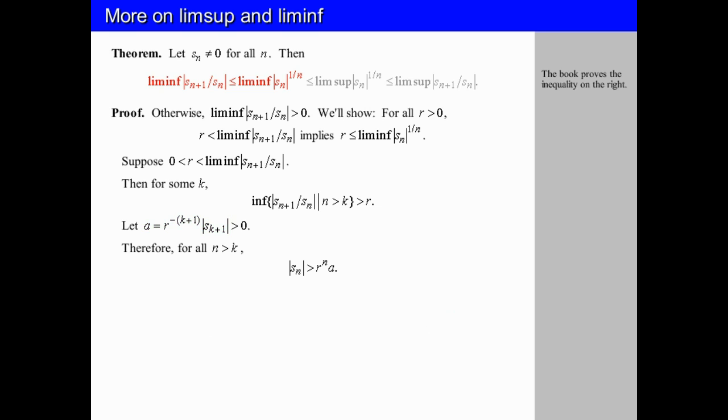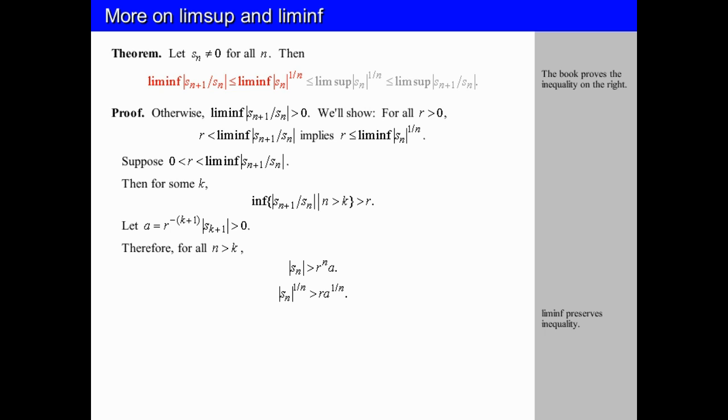We've shown that for all n greater than k, the absolute value of Sn is greater than r to the n times a. In other words, for all n greater than k, the absolute value of Sn to the 1 over n is greater than r times a to the 1 over n. So for all n greater than k, the elements of the sequence absolute value of Sn to the 1 over n are greater than the elements of the sequence r times a to the 1 over n.